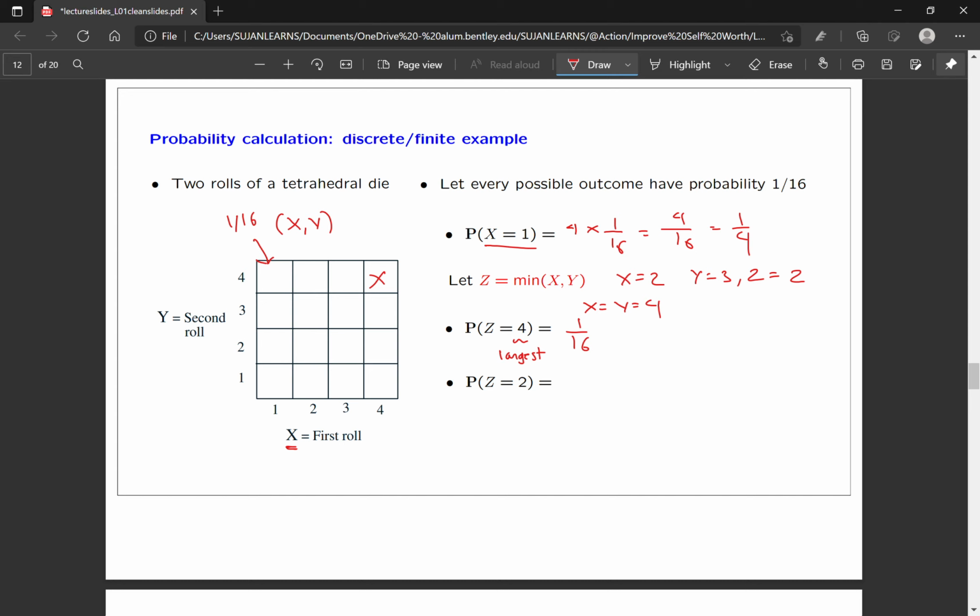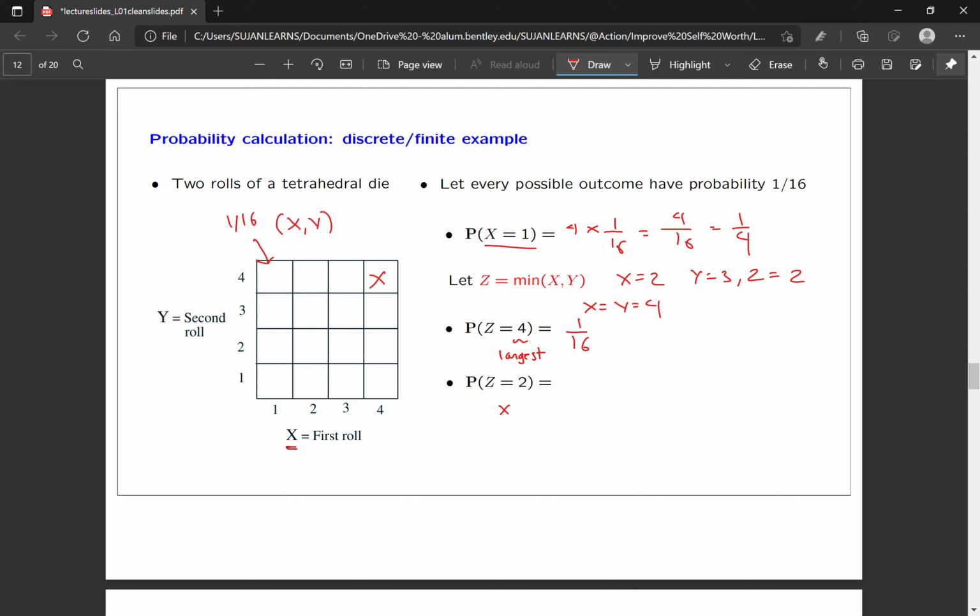Moving on to the next example, where we need to find the probability of z equal to 2, when this can happen. This can happen when the minimum of x and y is 2.